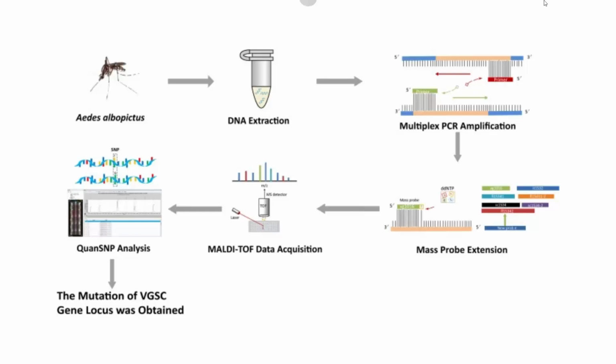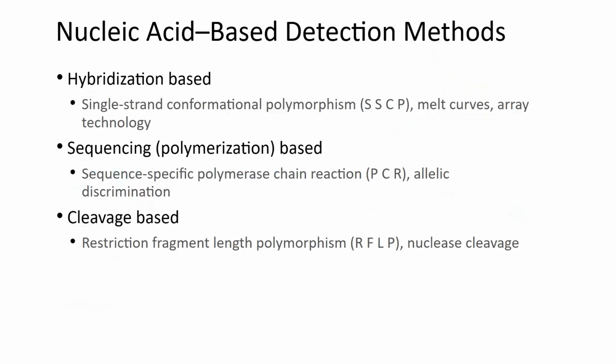So this shows the PCR amplification, and then the primer, when it's added, it's going to add all the way up until the mutated base, and then this special nucleotide is added at that region. Now when it's added, whatever base is added can be detected by MALDI-TOF.